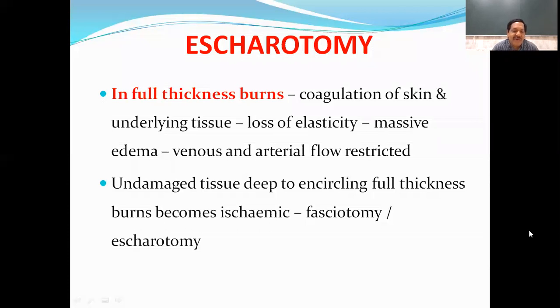Venous and arterial flow is restricted. Now, undamaged tissue deep to the full thickness burns becomes ischemic, especially in the limbs, upper limb or lower limb. So to prevent muscle necrosis and further damage, you require fasciotomy or escharotomy in a case of deep burns.